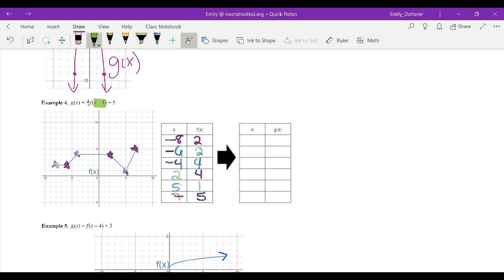Okay. Graph is going to go to the right one, so we're going to add 1 to each of these. And then the y value is going to get multiplied by 4/3. We're going to add 5.